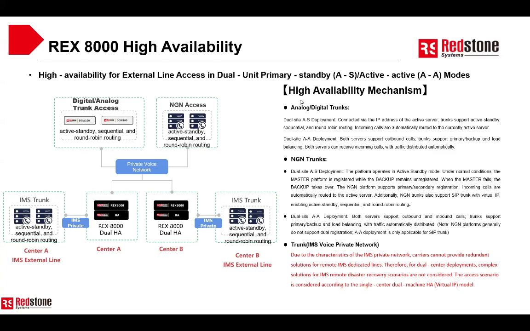So will it have any problems? Let's see. The first situation, the digital and analog trunks, are typically configured via peer-to-peer interconnection. So as long as both service IPs are whitelisted, I think there's no problem.